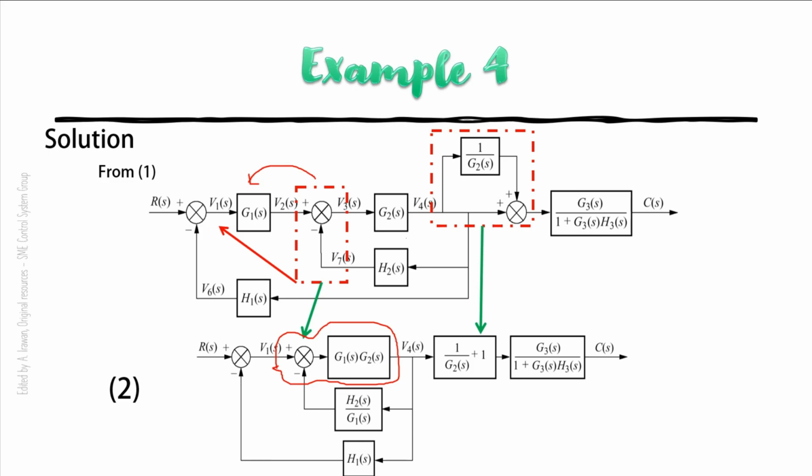And the G1 at the bottom is 1 over G1, so 1 over G1 multiplied with the H2 becomes H2 over G1 like this. Next we still want to simplify this G2 because having these two pick off points is quite bothersome.